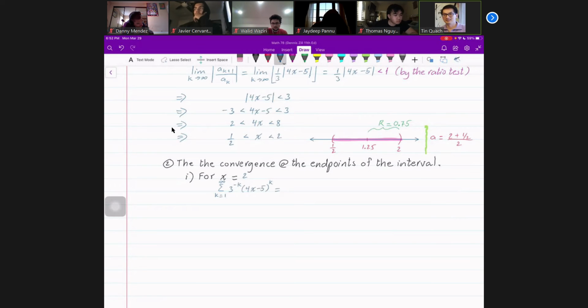So when x is equal to 2, 4 times 2 is 8 minus 5 is 3. Oh wait, that is not 3 to the negative first, that's 3 to the negative k. So that is 3 to the 0 power.